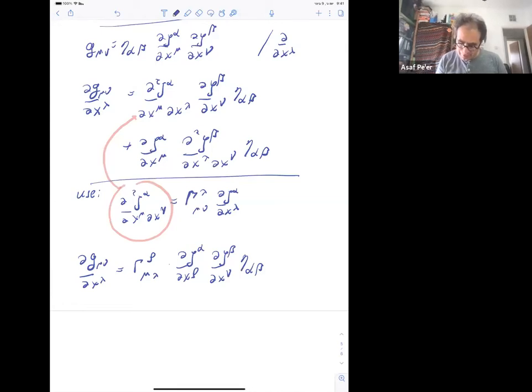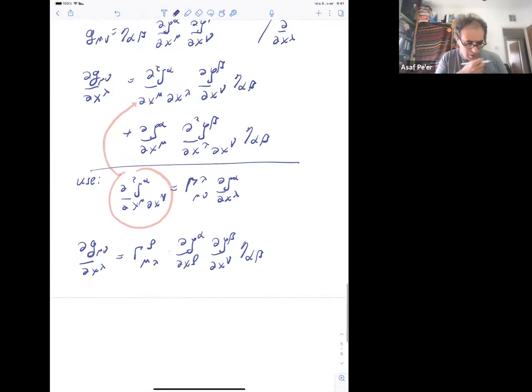Now I have the second term. Again, for the second term, the lower indices would be lambda and nu. So I have plus gamma with lower indices lambda and nu. And again, I can choose a dummy index at the upper index. So I choose it as rho. Pay attention, I can do that because of the definition of the affine connection, although the affine connection by itself is not a tensor.